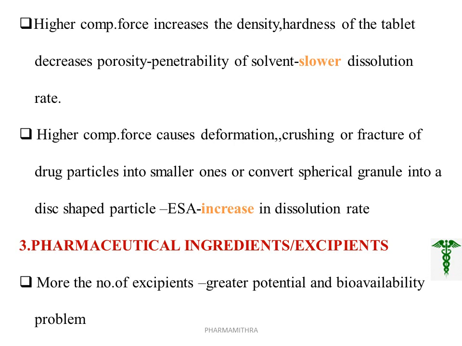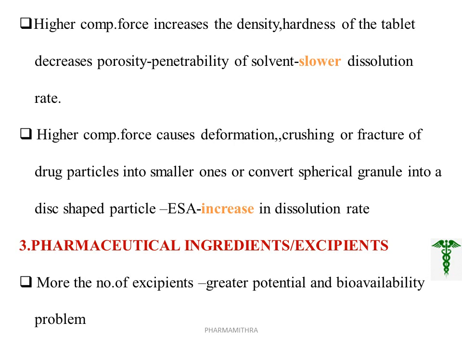At the same time, this higher compression force can cause deformation, crushing or fracture of the drug particle into smaller ones, and there is a chance of converting the spherical granule into a disc-shaped particle, producing an effective surface area. In such cases, there is a chance of increase in dissolution rate.